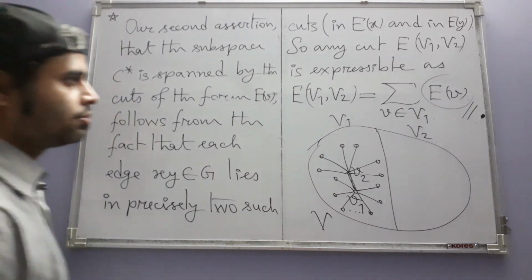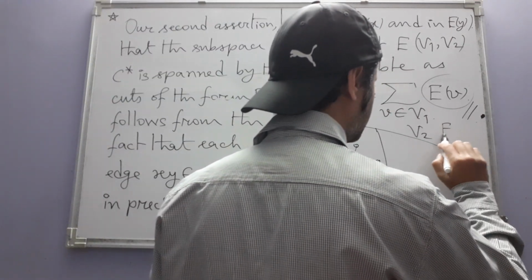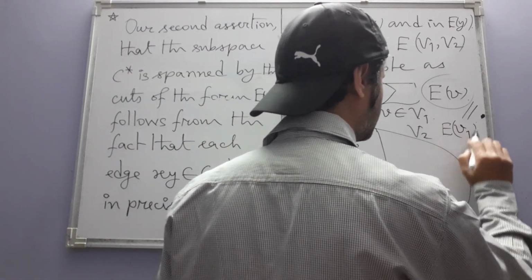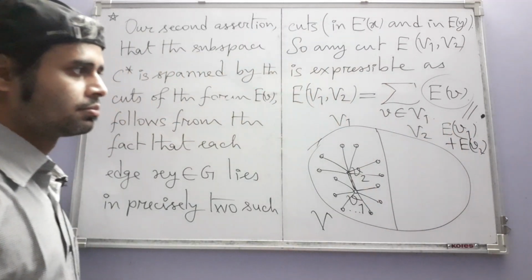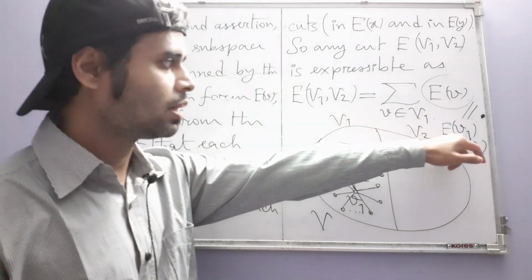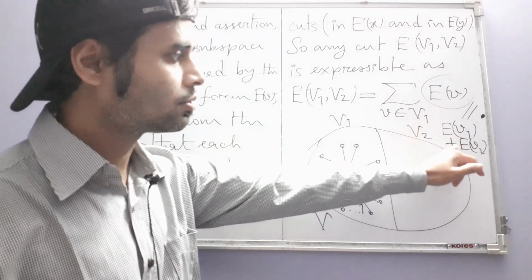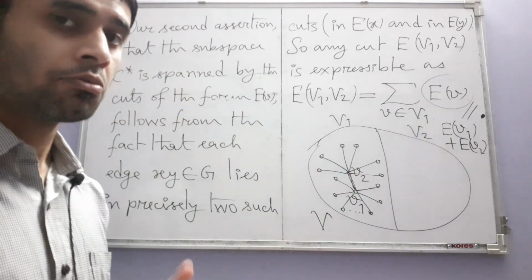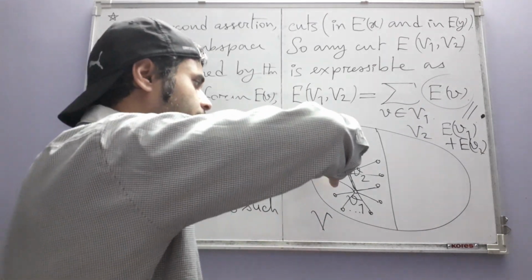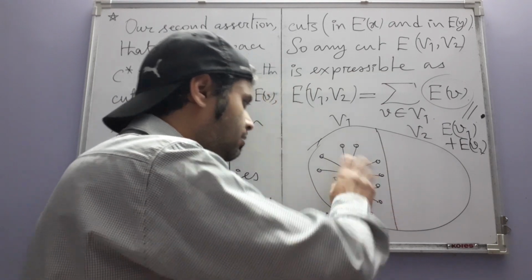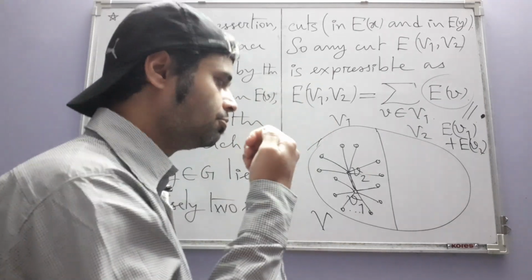Now, when you form this sum, of course, you are going to have this as a part of the above sum. As you vary v, v will take the values V1 and V2. So at some point you are going to have to consider the sum E of V1 plus E of V2. What does that sum mean? It simply means symmetric difference. That means you take all the edges in E of V1, take all the edges in E of V2, see whether they have any common edge, and remove it.